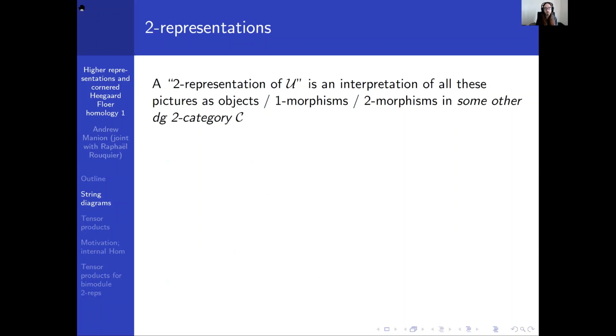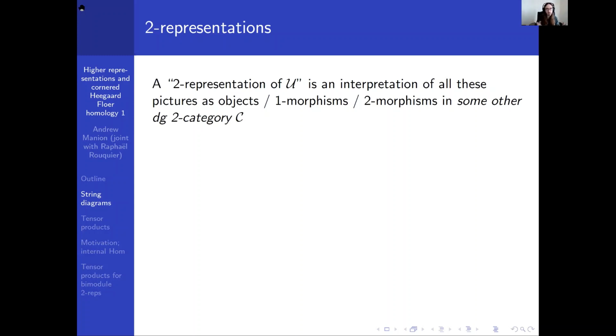So then what do we mean by a two representation of this thing? Well, in general terms, if I define one of these two categories diagrammatically, then I'll just say a two representation of one of these diagrammatically defined two categories is just an interpretation of all of the region labels, the string labels, and the two morphism pictures as actually being objects, one morphisms and two morphisms in some other DG two category.